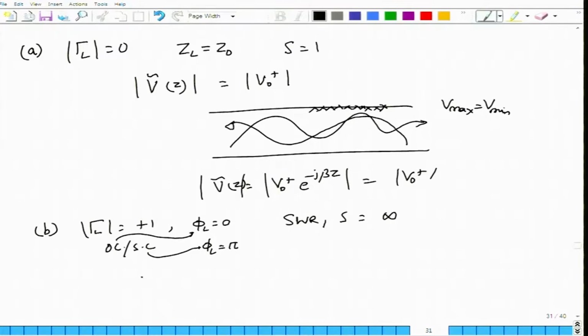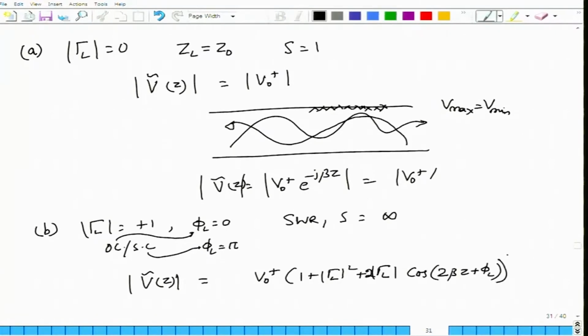But if I find out what is the magnitude of the voltage V of Z, you will see that this would be given by V0 plus times 1 plus magnitude gamma L squared plus 2 magnitude gamma L cos of 2 beta Z plus phi L, correct, to the power 1/2. In this case gamma L magnitude can be equal to 1.